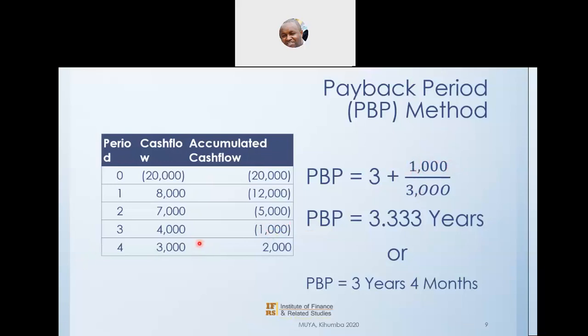How much are we recovering in the next period? It is 3,000. So we divide by that. So our payback period will be 3.33 years. Or we could convert it into years and months by multiplying these values here by 12. Those are the number of months, and that will give us 4 months.